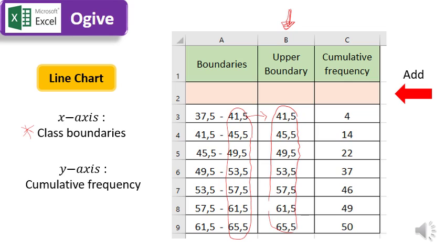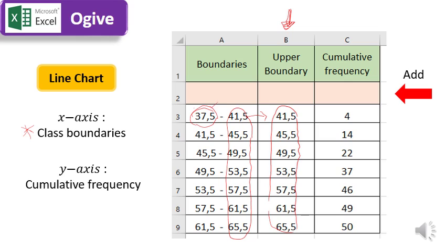Now, if I were to do a line chart using just this, so ignore that pink for now, we would get a line graph, but it would be floating, okay? It wouldn't touch the axis. So we're actually going to plot this lower boundary as well. So let's suppose we had a class before this.